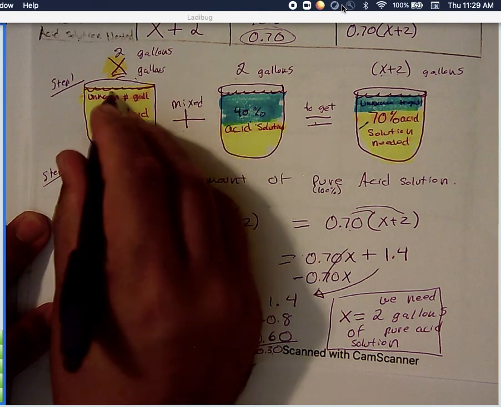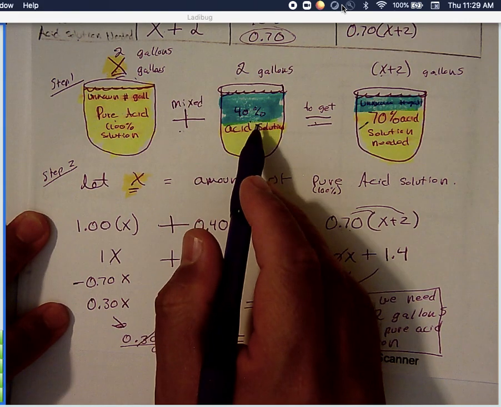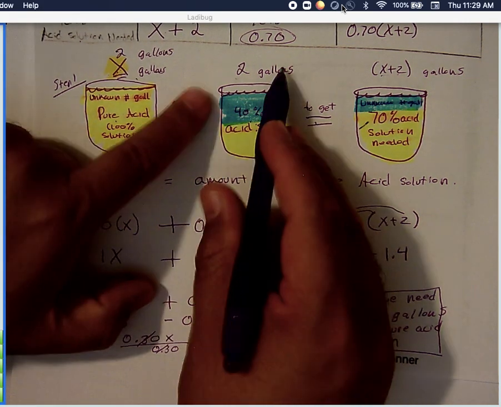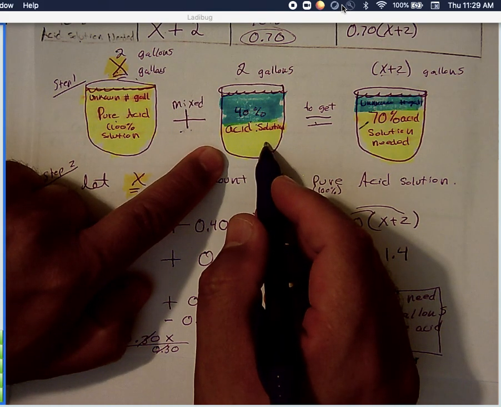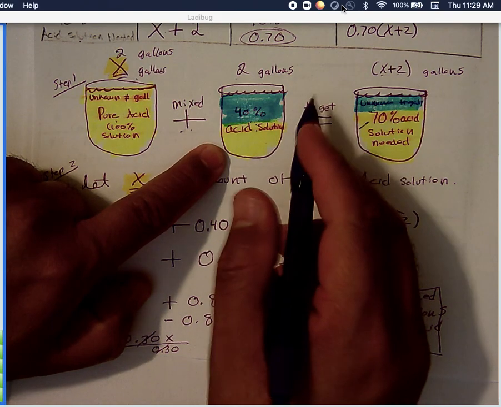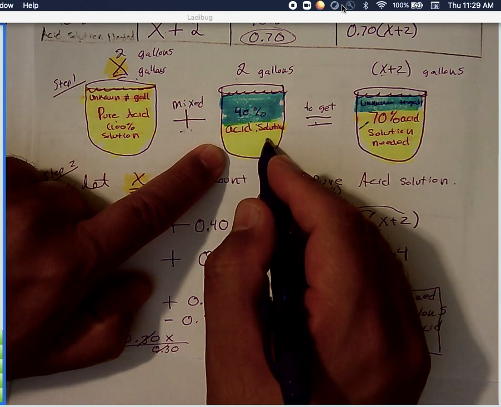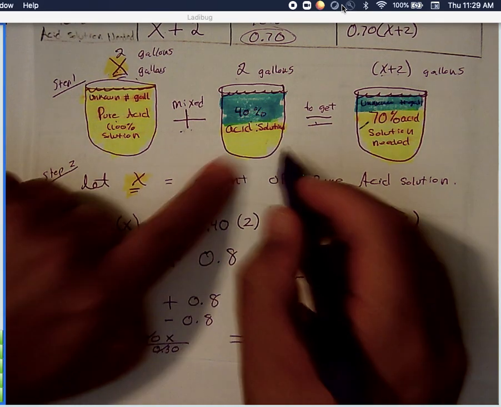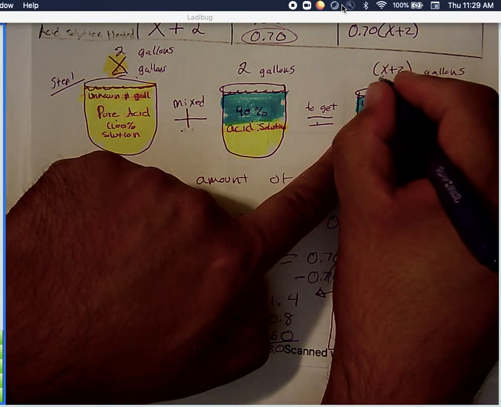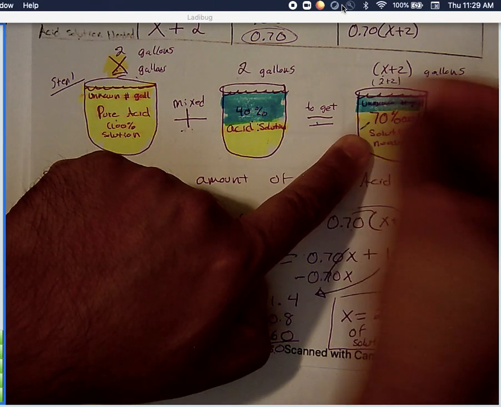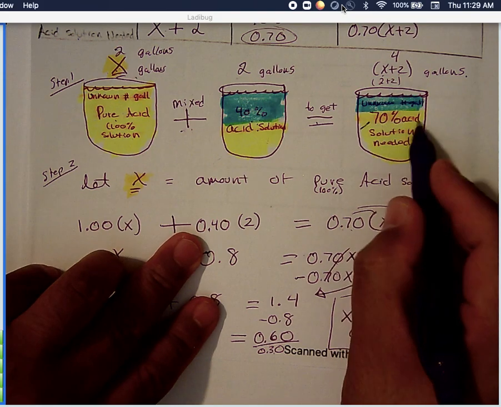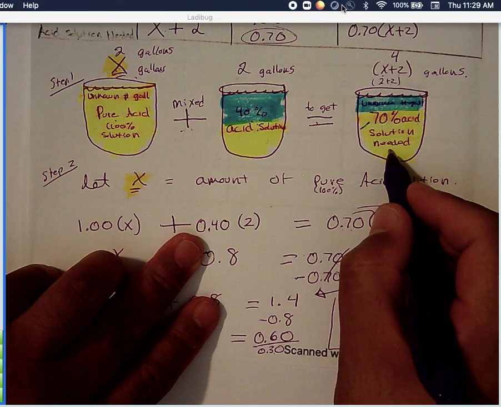So 2 gallons of this plus 2 gallons of this, right? 2 gallons of pure acid plus 2 gallons of 40% acid solution, because this is not pure, this is the pure one, should equal how many gallons? If we put 2 here, 2 plus 2 will give us 4 gallons of 70% acid solution.